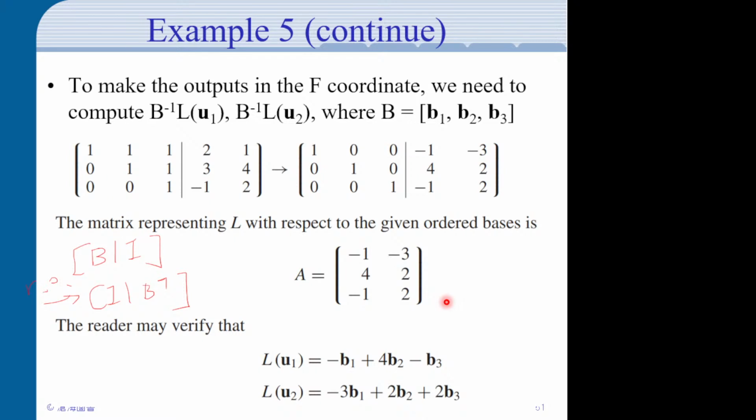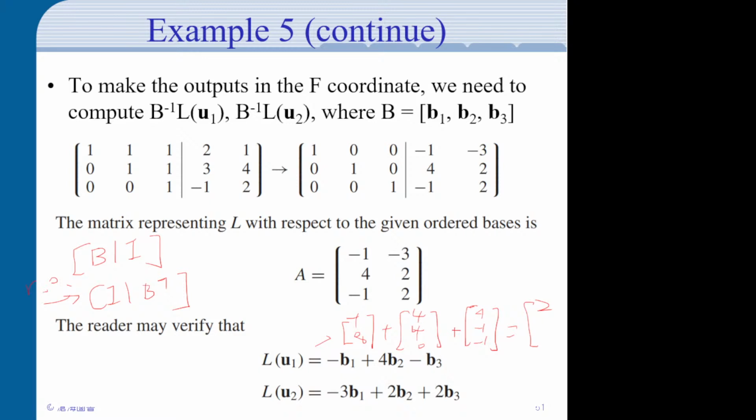So minus 1 times B1, and 4 times B2, and minus 1 times B3. Okay. So this one is equal to minus B1, so minus 1, 0, 0, plus 4B2, so that's 4, 4, 0, and minus B3, so minus 1, minus 1, minus 1, and this equals, so minus 1 plus 4 minus 1 is 2.